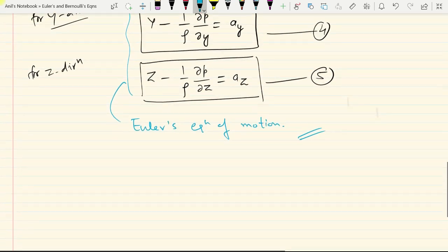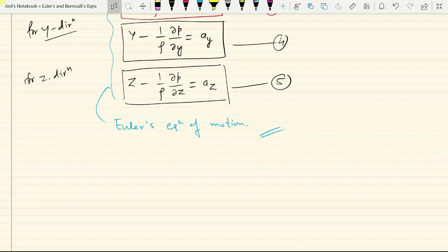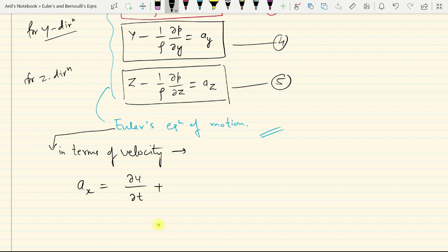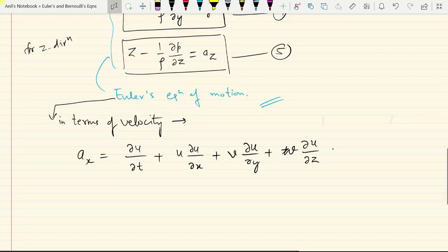Now we can also express these equations in terms of velocity. So how do we express this equation in terms of velocity? As we know, acceleration in x direction ax is given by del u by del t plus u del u by del x plus v del u by del y plus w into del u by del z. Similarly we have ay and az.